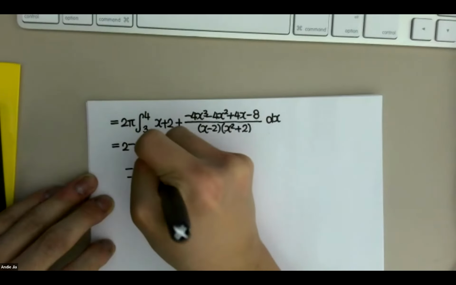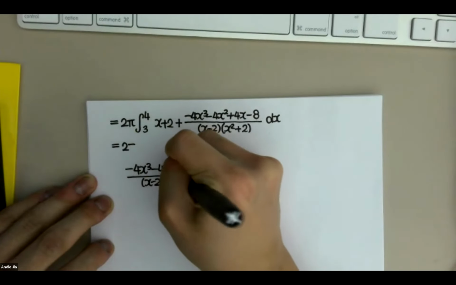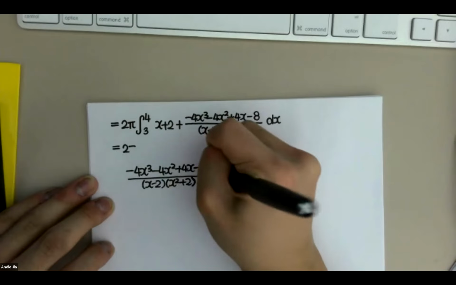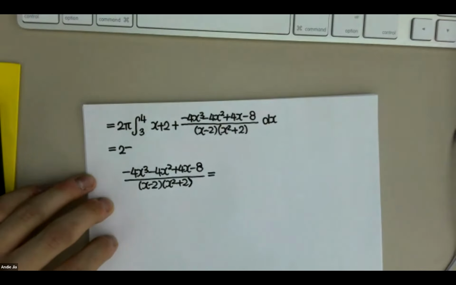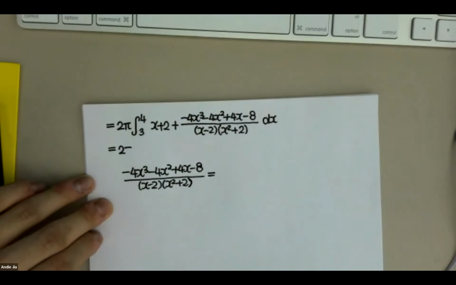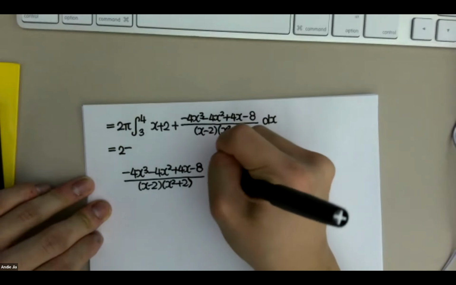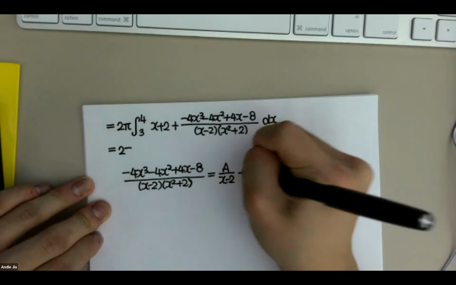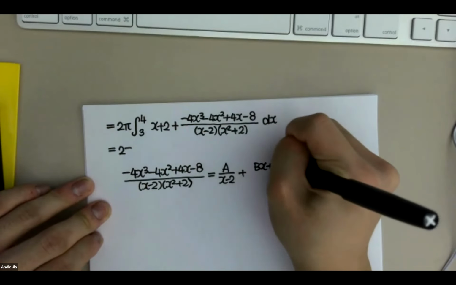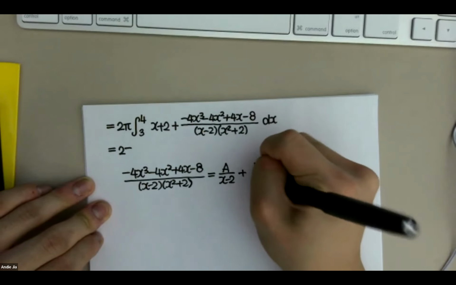I have this, x minus 2, x squared plus 2 is equal to... This is an irreducible quadratic. So it's going to be A over x minus 2, then plus Bx plus C over x squared plus 2.